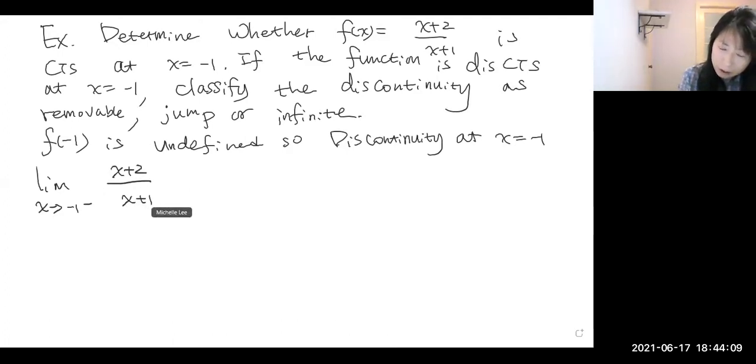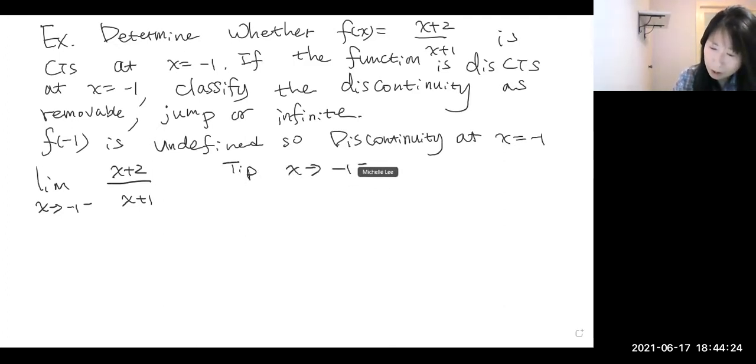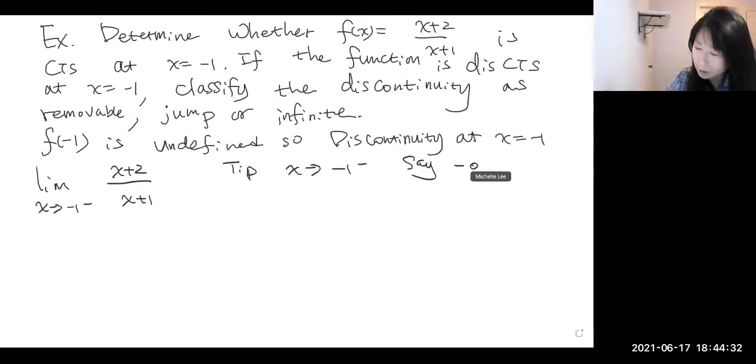Last time I said that when x approaches -1 from the left, what is the left? Negative, left. Negative 0.9? No, left. It's negative 1.1 maybe. 1.1, right? Because negative, okay?